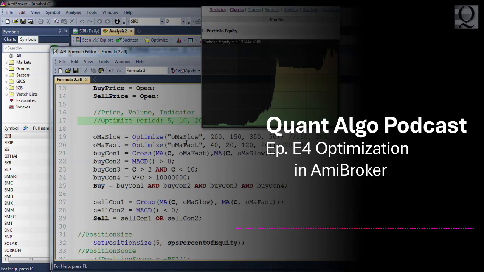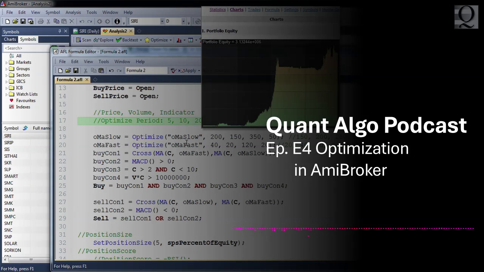A percent could be your stop loss percentage. And a number might be something like the number of shares you buy. So it's not just about what you're tweaking, but also the range you're exploring within each tweak. Exactly. So it sounds like you really need to think carefully about those ranges. Yes, or you could end up with some pretty wacky results.